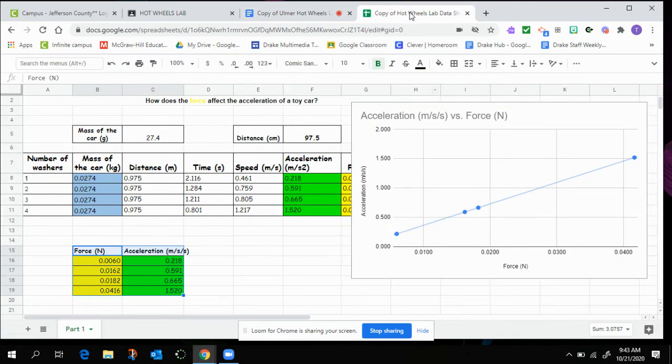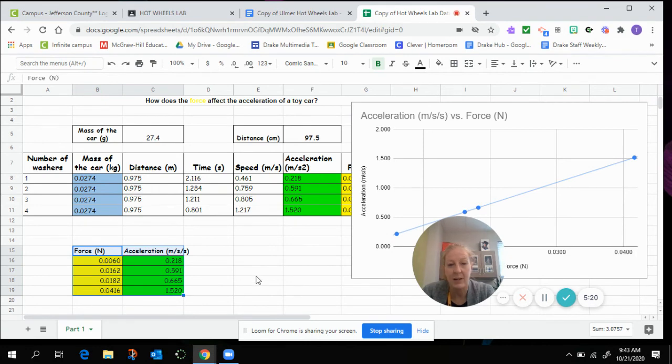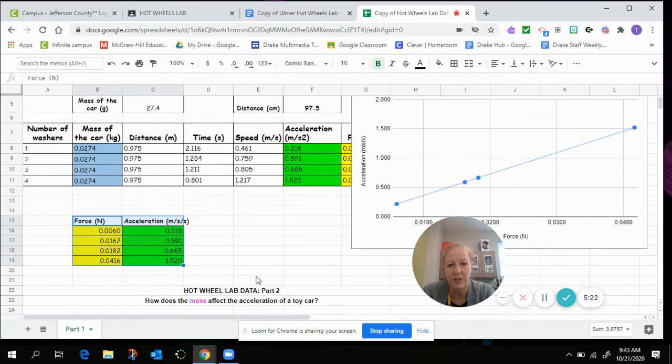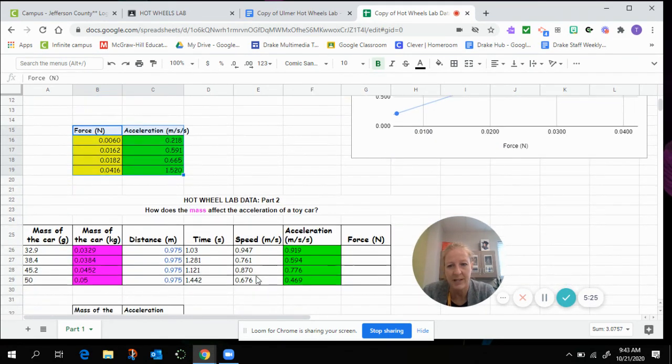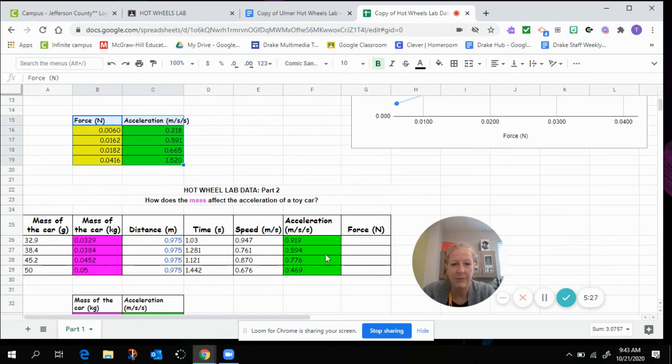If we are trying to find the force for Part 2, we're following the same process: force equals mass times acceleration. So for me in Part 2, I'm going to take 0.0329 and multiply it by 0.919 to get my force.